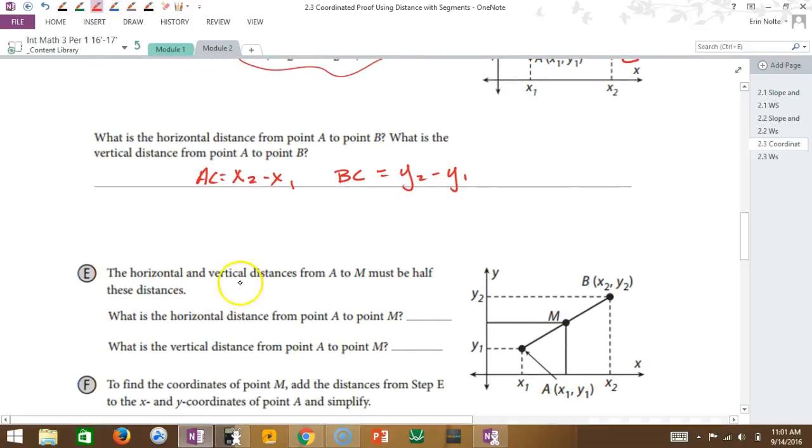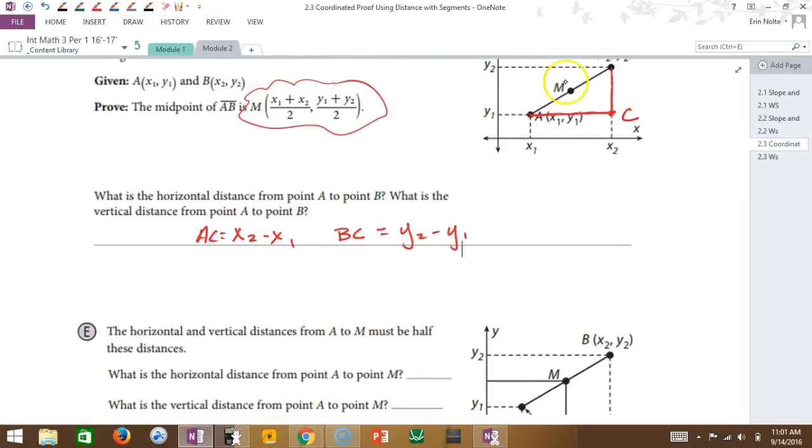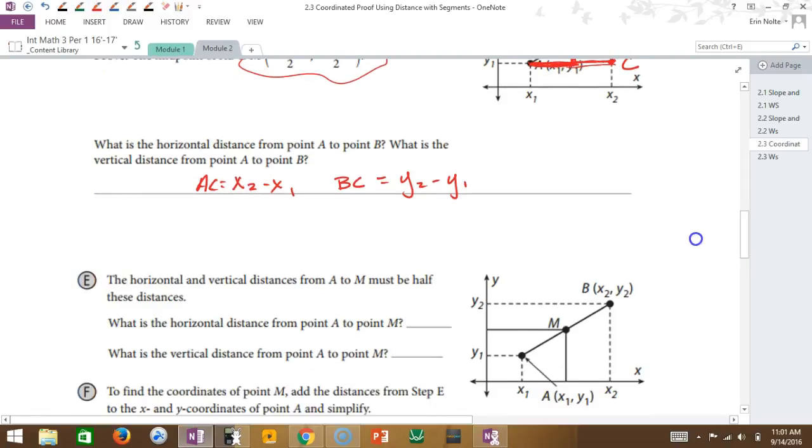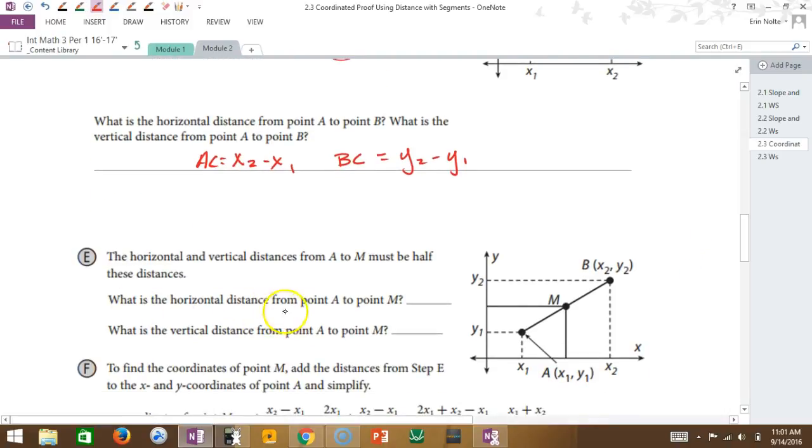Okay, so the horizontal and vertical distance from A to M must be half. Okay, do you see how this can be half? So from here to here, this is going to be half of this. And this vertical distance is half of this vertical distance. So what is the horizontal distance from A to M?